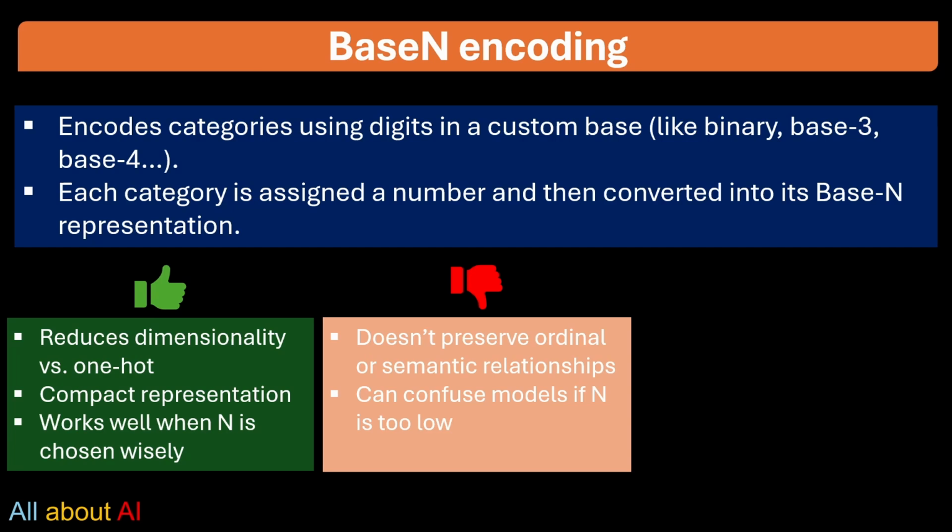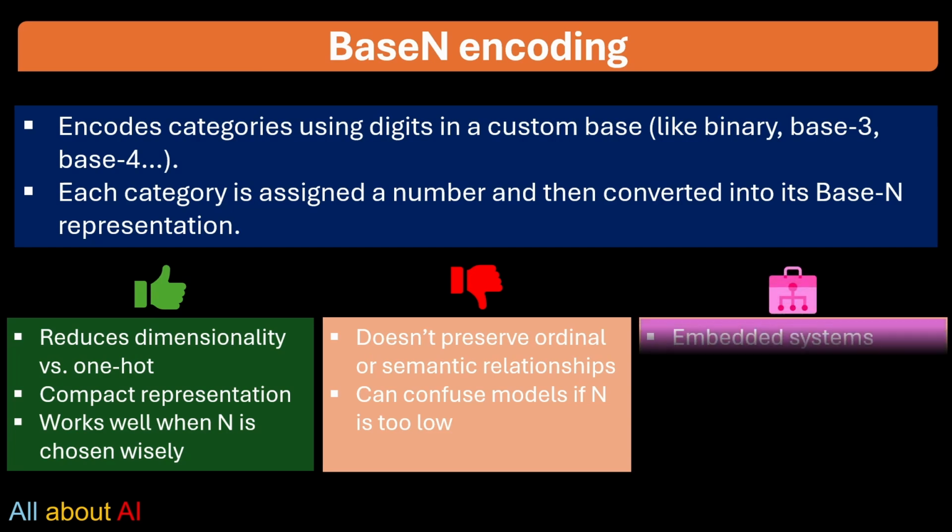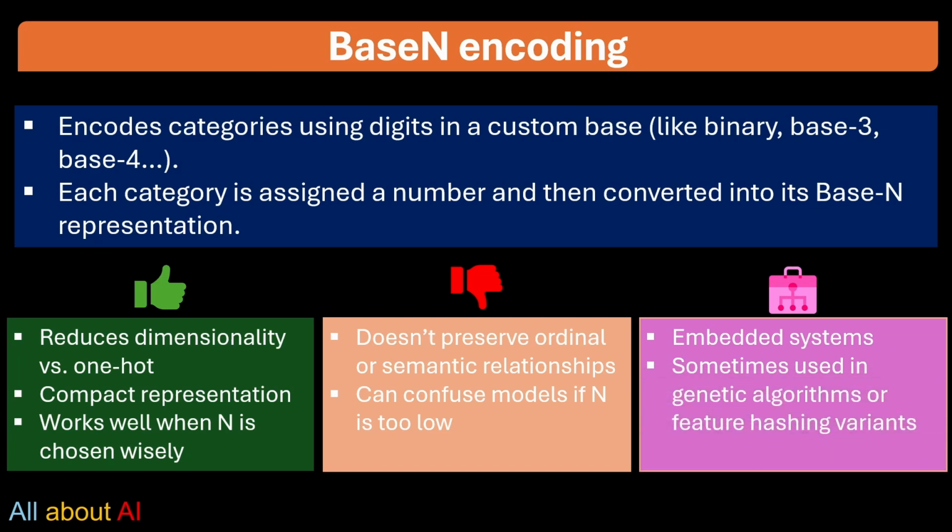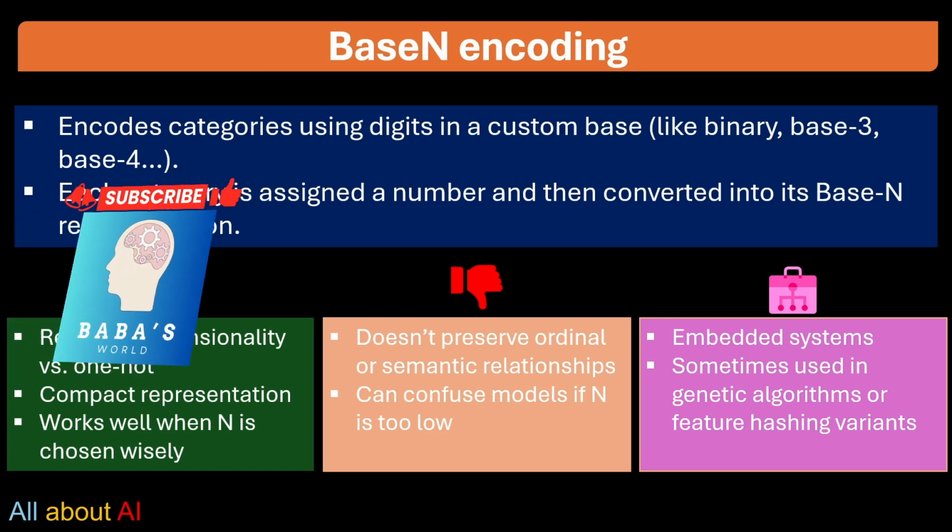It doesn't preserve ordinal or semantic relationships between categories, and choosing a base that's too low can confuse machine learning models. Where we see its use: it is useful in embedded systems and sometimes in genetic algorithms or as part of feature hashing variants.